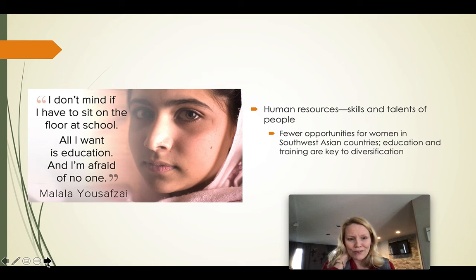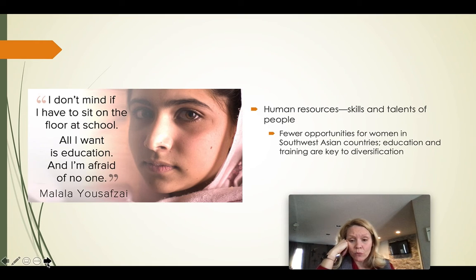And if you've ever heard of Malala, maybe you've read her story. She wanted to go to school. She was a little girl whose father was a teacher, and she was a girl, and so she wasn't allowed to go to school. This was probably about 2010, maybe 2005. It would have been quite a while ago.